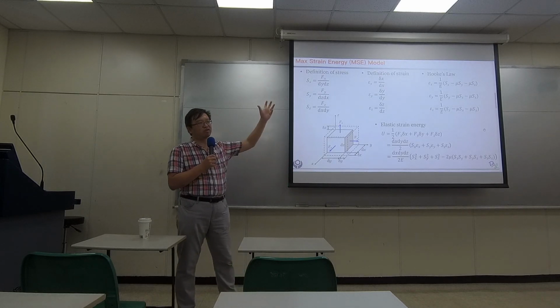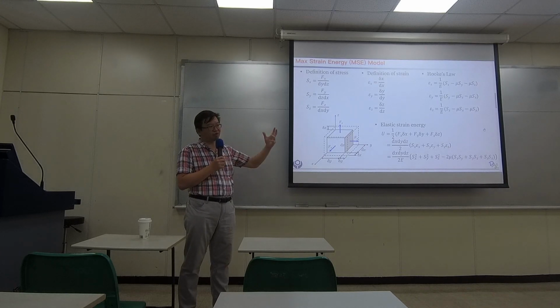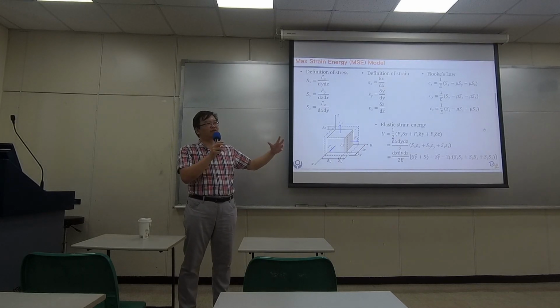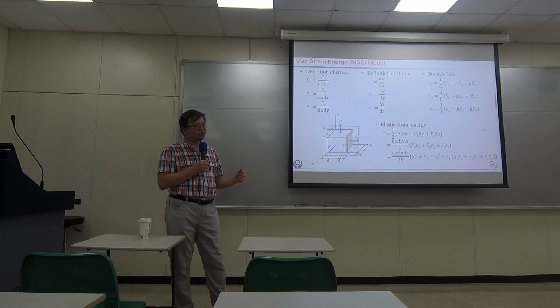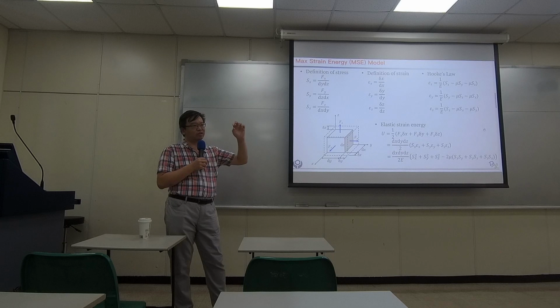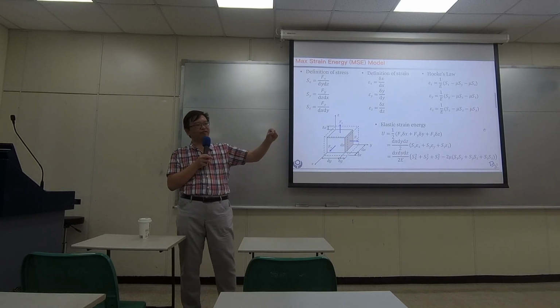Let's recall how we solve a shaft problem. We have force balance, moment balance, and then we study the shear force, the bending moment, and torsion, and then we pick a point inside the shaft.